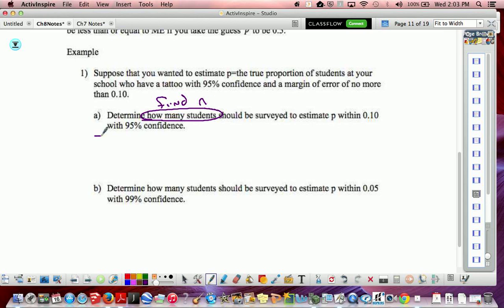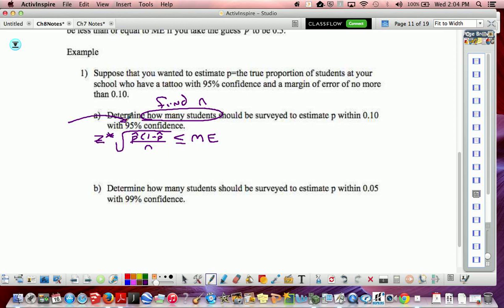So what I'm doing is taking the confidence interval formula and setting it less than or equal to my margin of error. Now I need to plug in the values. Z star. Well, Z star again is determined by the confidence interval or level.